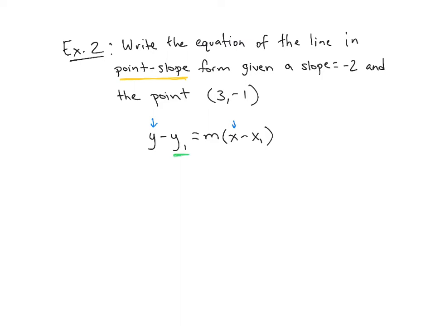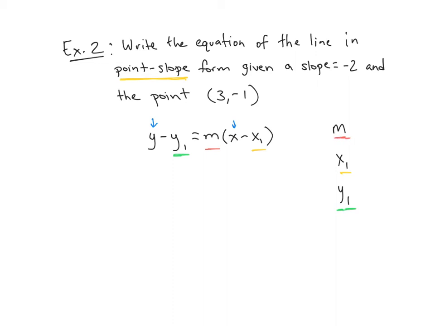But I do need a y1, I do need an m, and I do need an x1, right? Those three are numbers, right? So I should be able to figure out what's my m, what's my x1, and what's my y1. The x I put as yellow, the y as green, and the m as red, right?